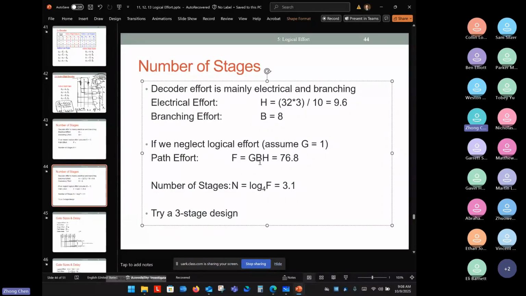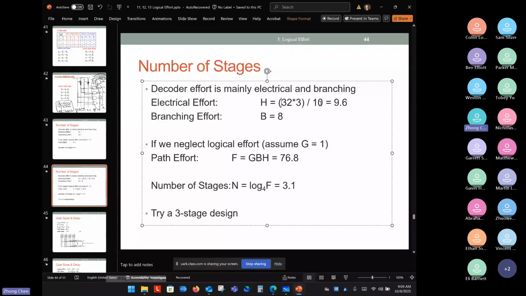So B is equal to 8. H we know: total output divided by input. The total output capacitance is given: it's 32 bits, and each bit takes a capacitance of 3, so you can use 32 times 3.